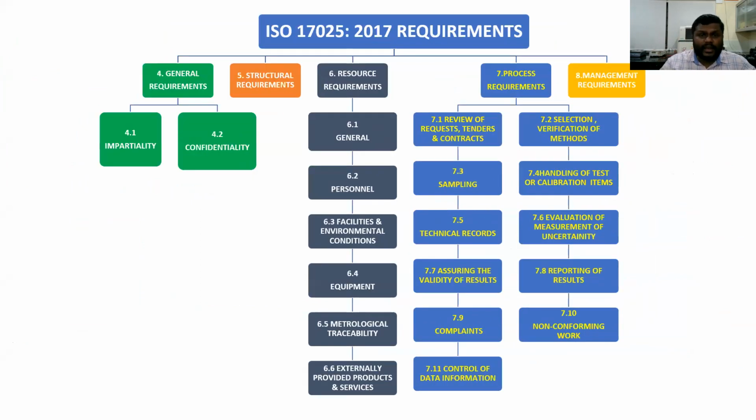Now you see the laboratory has general requirements and structural requirements. Forget about those things. If a sample is coming to NRC Meat and NRC Meat is producing a report, we have to control the resources, the process, and the management requirements. The process requirements deal entirely with the testing method.